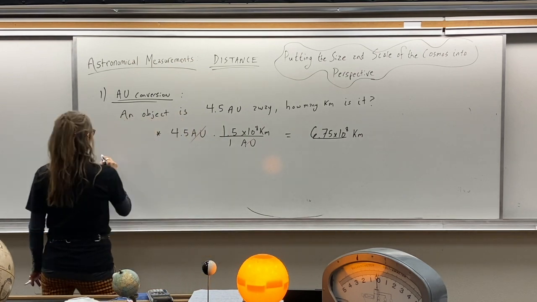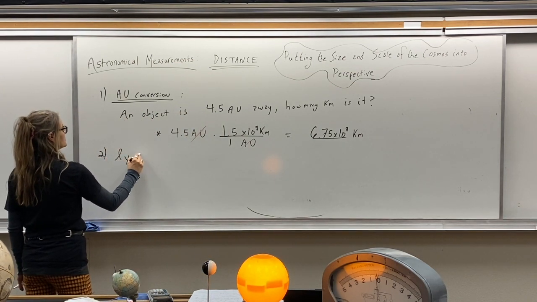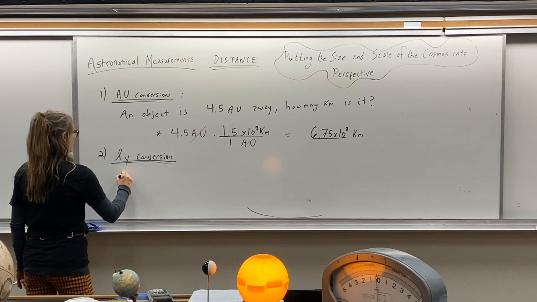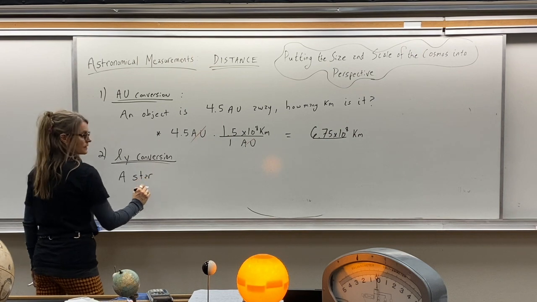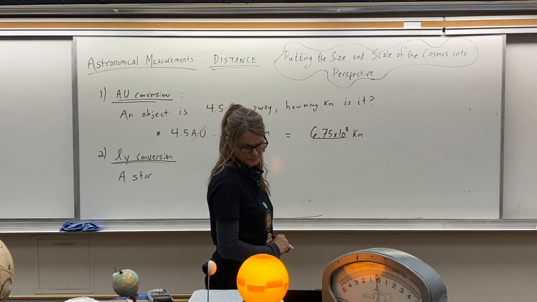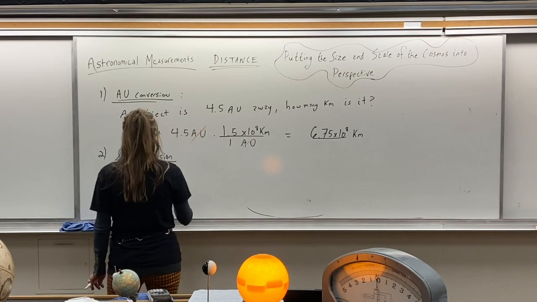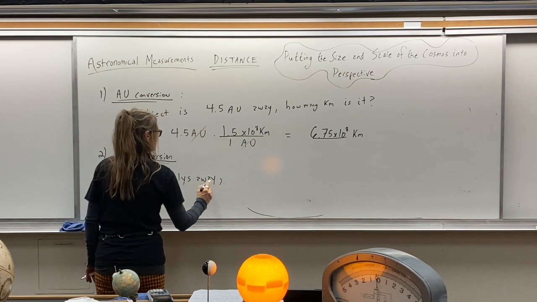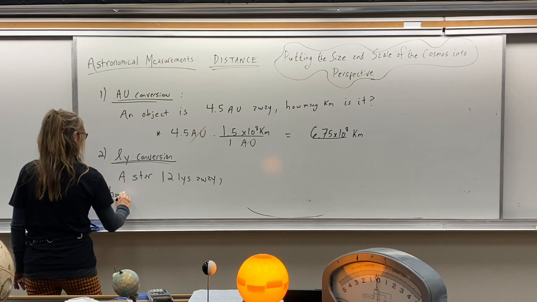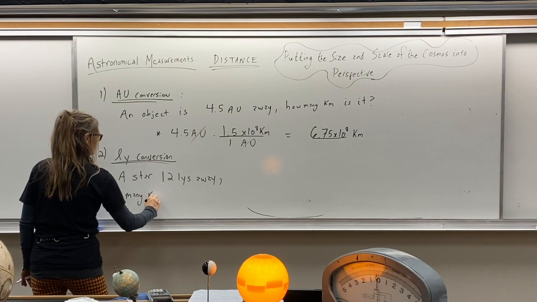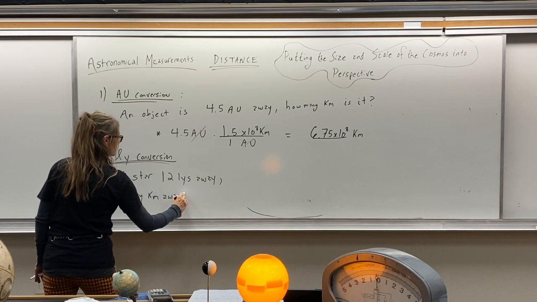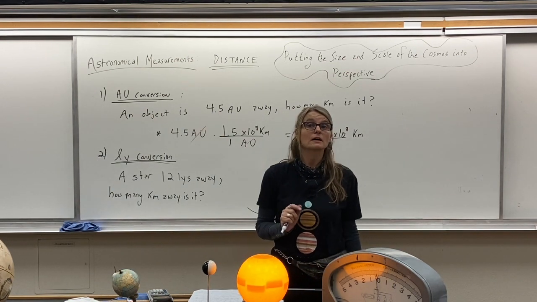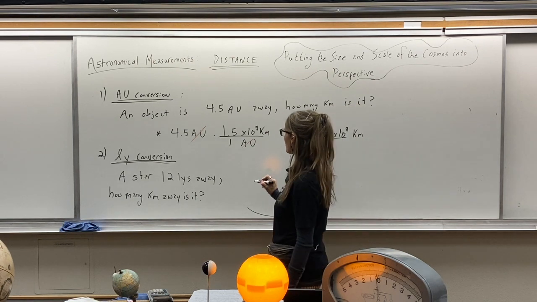Okay. Now, if we do a simple light year conversion, let's say a star is approximately 12 light years away. So we have this star that is 12 light years away. How many kilometers away is it? Well, we could use our light year conversion.